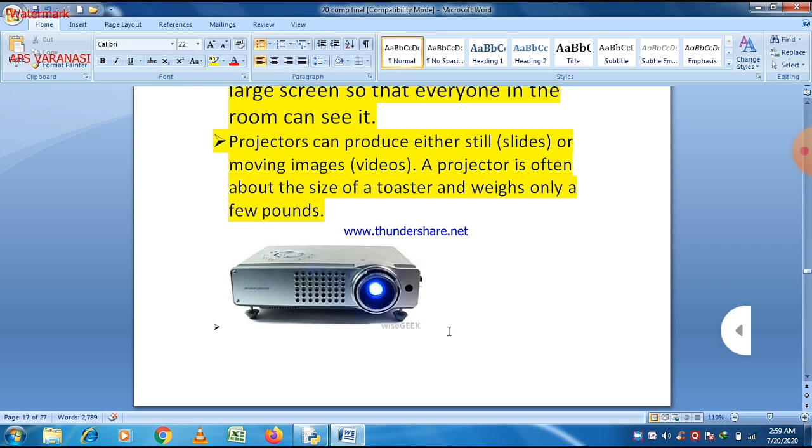Just write the main points in your copy regarding each and every output device, and keep in mind the diagram will never be asked in your examination, but what purpose they are used for may be asked, such as what is the use of a projector, what are the different types of monitors, what are the different types of printers, especially impact and non-impact printers, what is the purpose of laser printers.